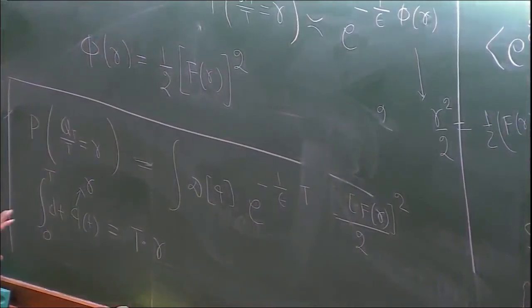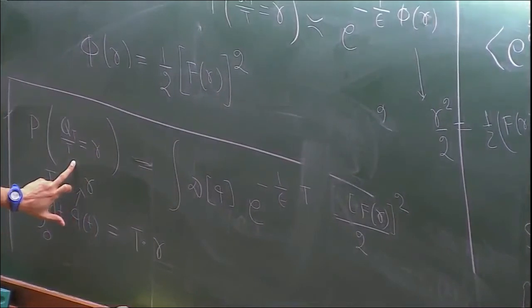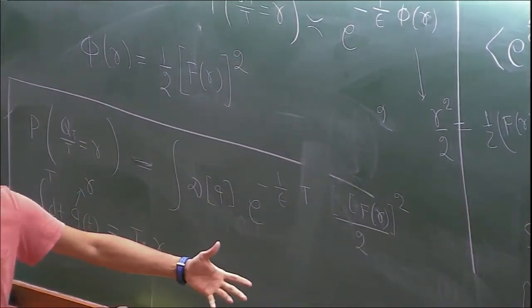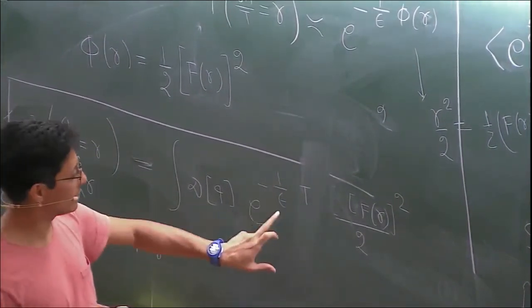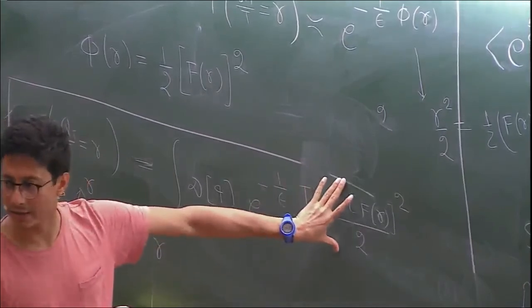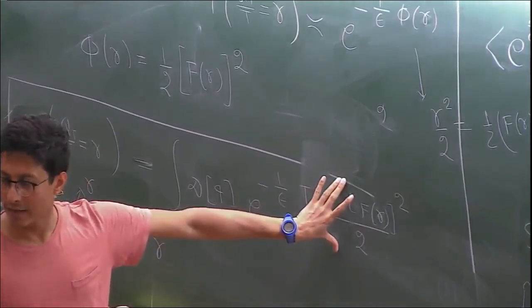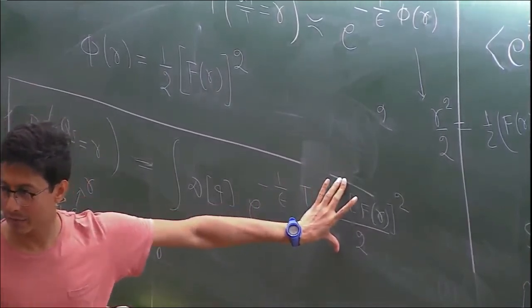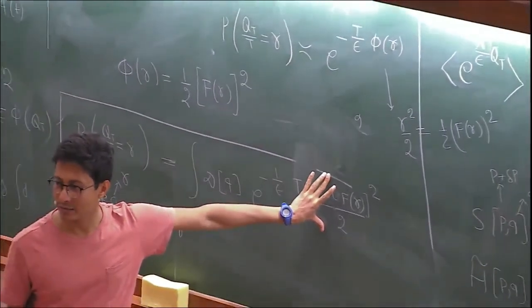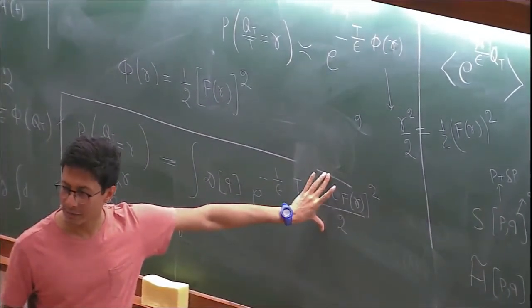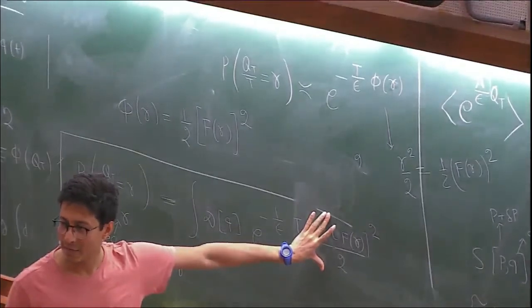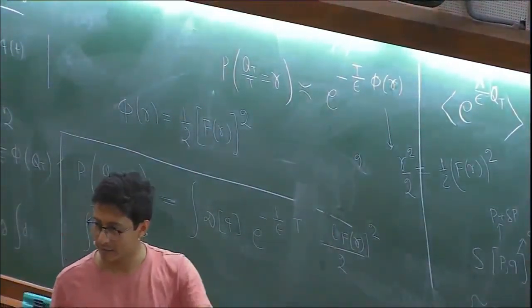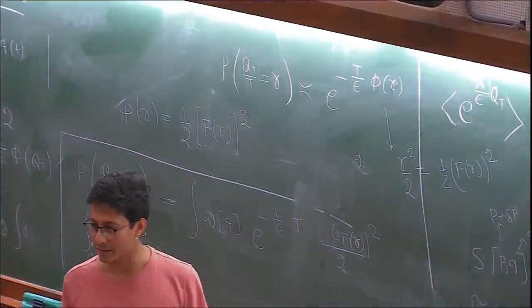Okay, so I want to look at this probability. My action formulation was just e to the power minus 1 over epsilon, and then there is the Lagrangian. I know that for this small epsilon limit, it is the minimal action which would contribute. Now the additivity principle says that the paths that contribute to the minimal action are time independent.